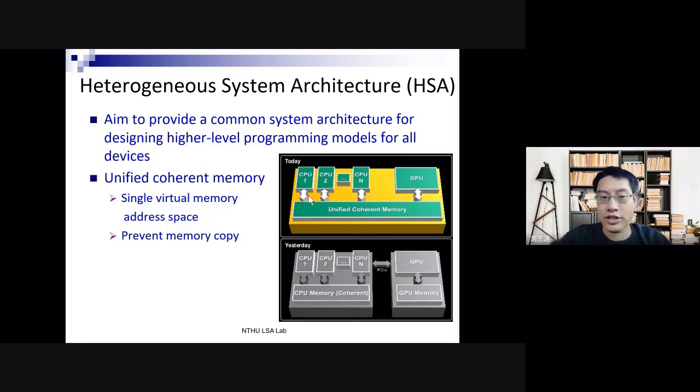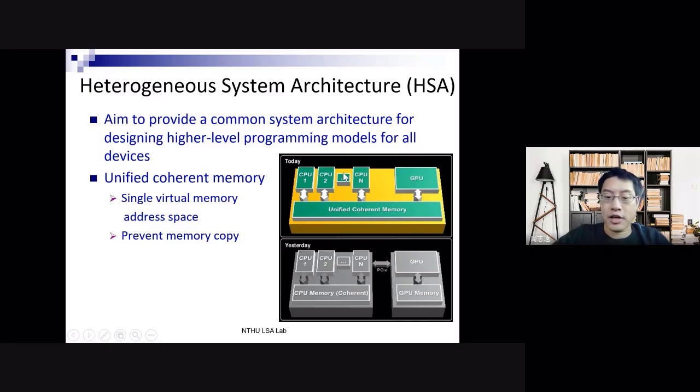That kind of system is what we call the heterogeneous system architecture, HSA. It is a hardware solution, a computer architecture, and the main goal of this architecture, as shown here, is to provide a unified and coherent memory among different types of computing units, such as GPU and CPU.